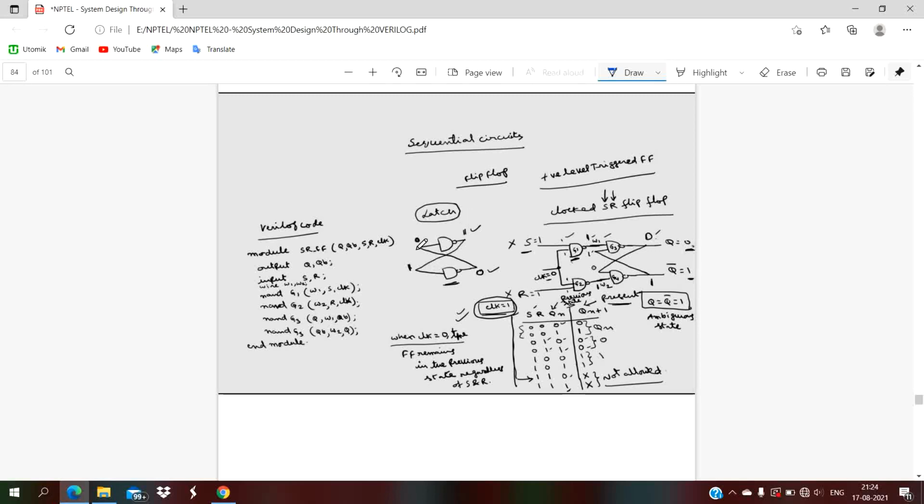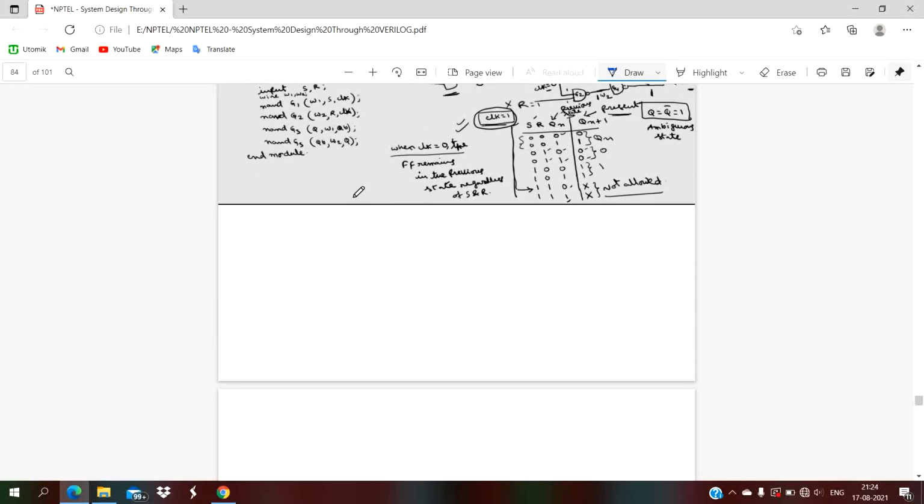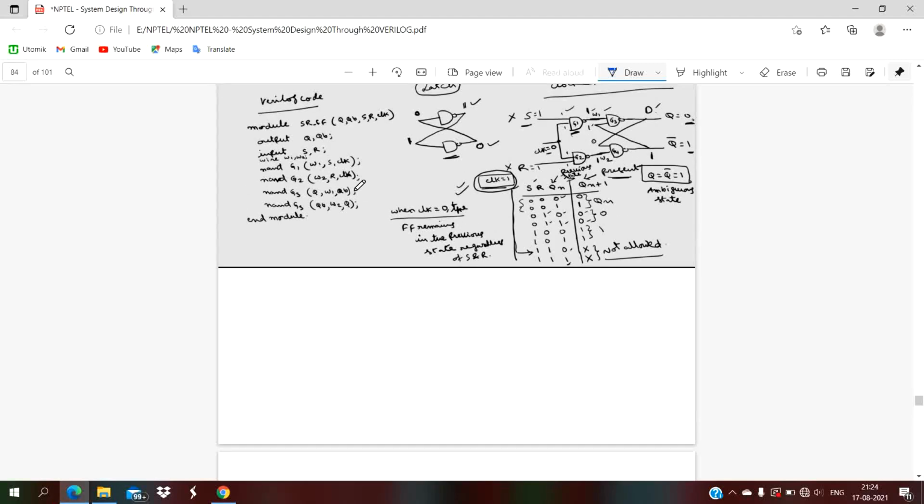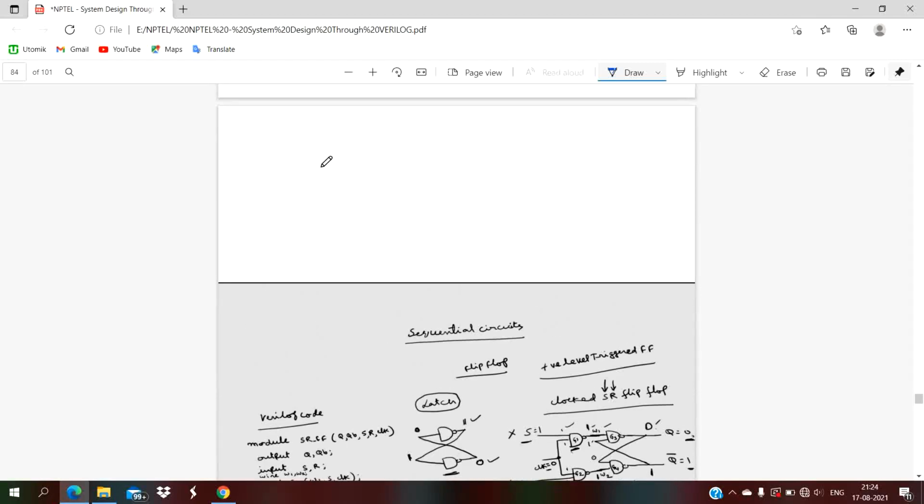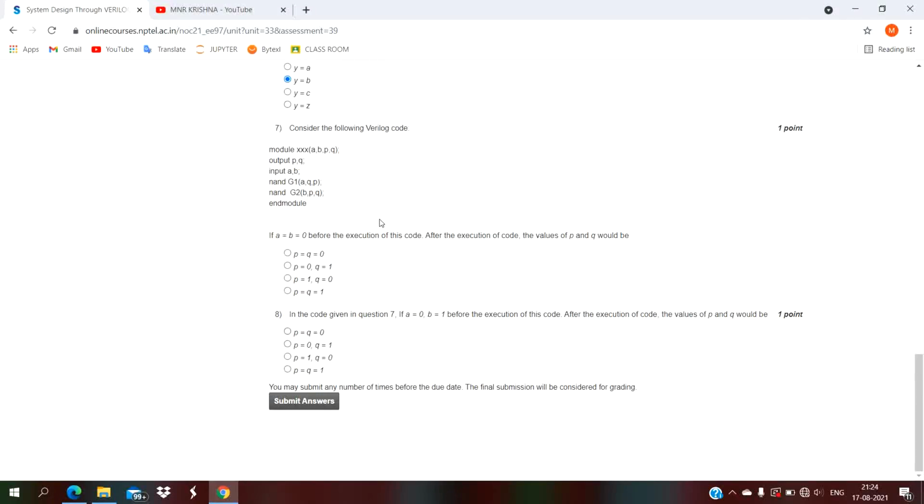Here we, okay, then let us take two NAND gates here only. Two NAND gates.